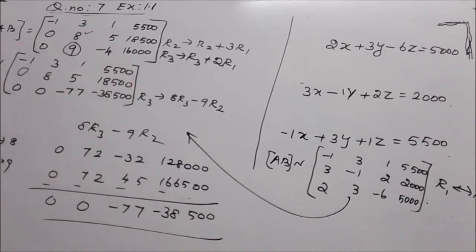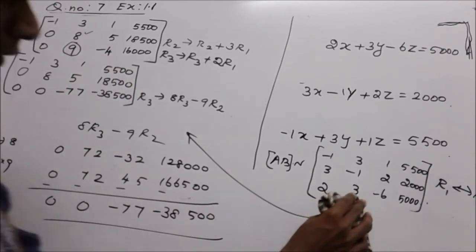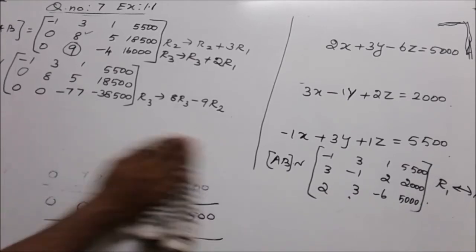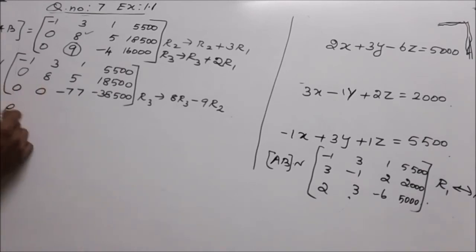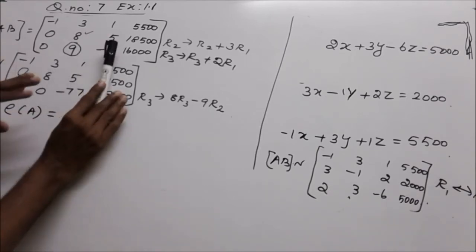Now here, the last equivalent matrix is in echelon form. The number of non-zero rows is 3. To solve, rank of A equal to, now rank of A is calculated by closing the last column.